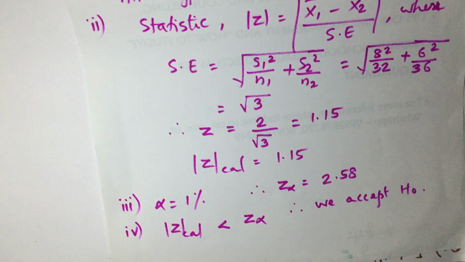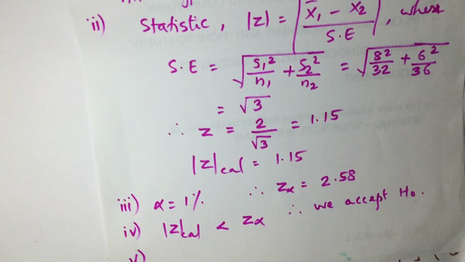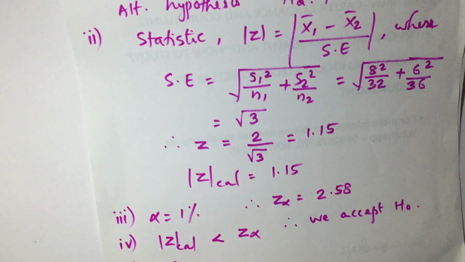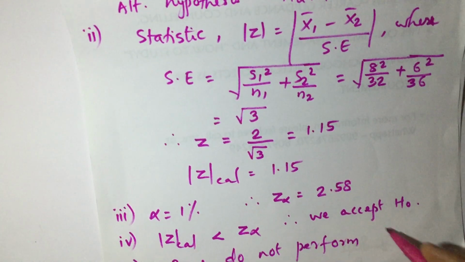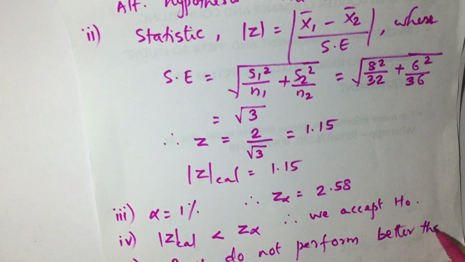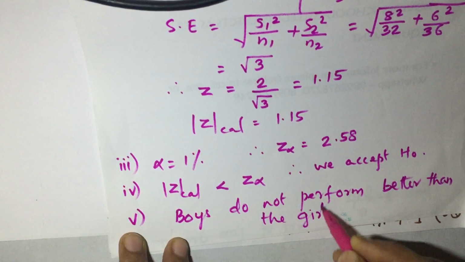The means are same means there is no difference between the performance of boys and girls. So we accept H0. Therefore, the boys do not perform better than the girls. So that is the conclusion.